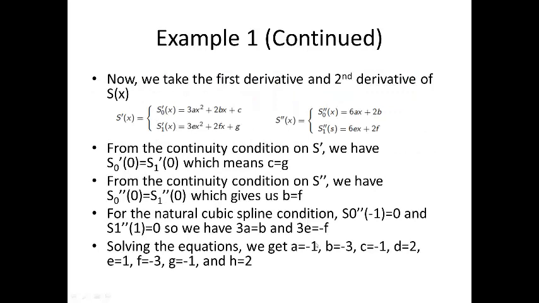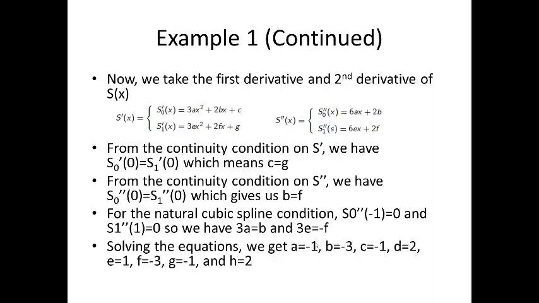Now, we take the first derivative and the second derivative of s of x, and we need to do that piecewise in terms of the differentiation. From the continuity condition on s prime, we have s0 prime at 0 is equal to s1 prime at 0, which means that c is going to be equal to g. From the continuity condition on s double prime, we have s0 double prime at 0 is equal to s1 double prime at 0, which is going to give b is equal to f.